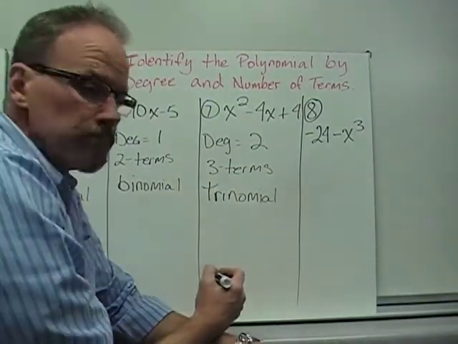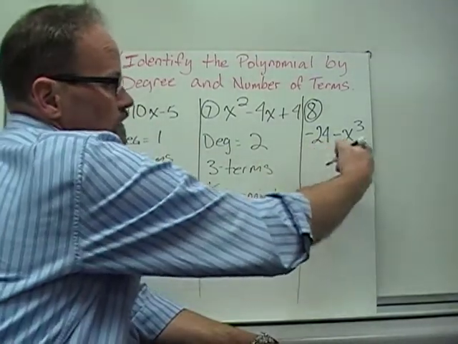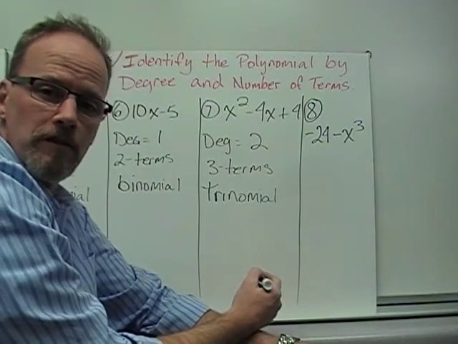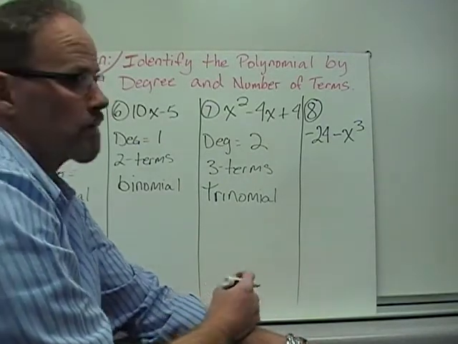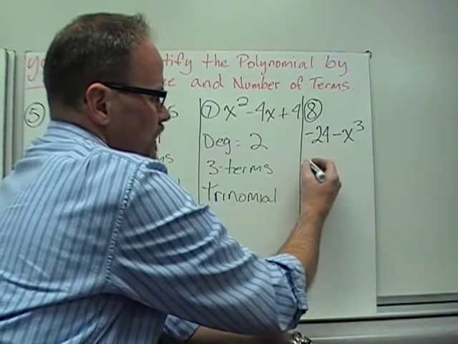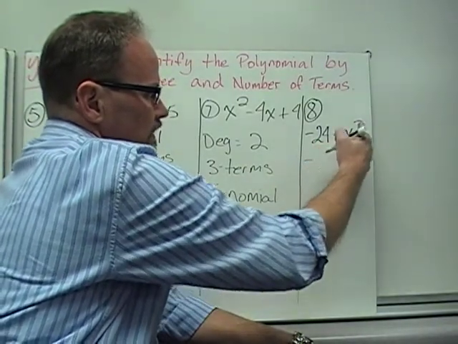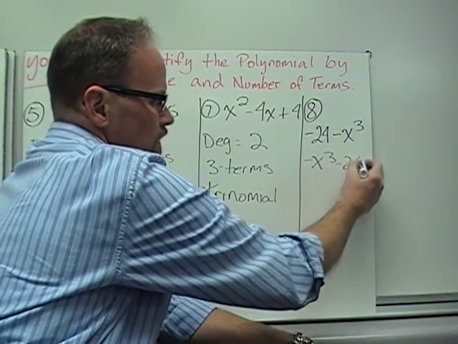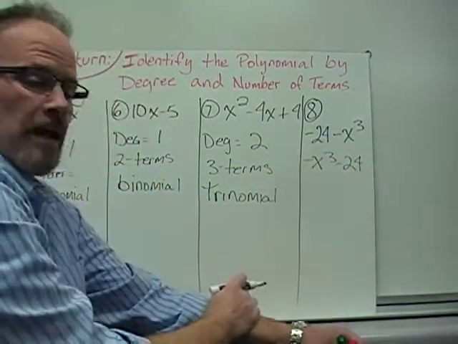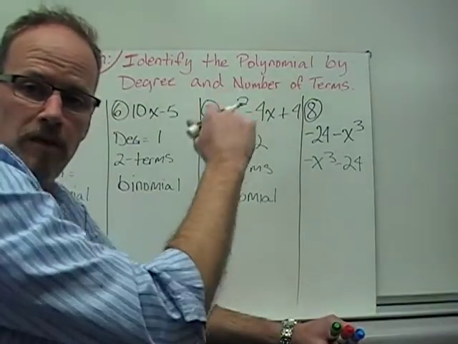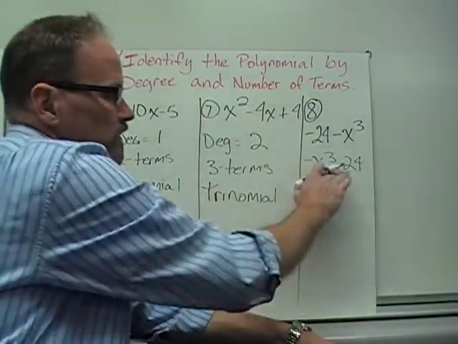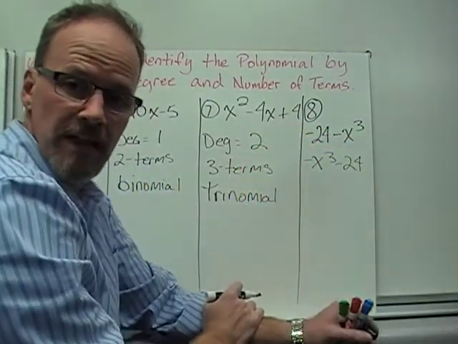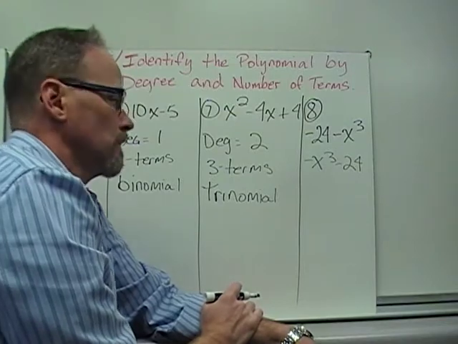And the last one, I've got 2 terms here. I went backwards on you on purpose because remember, you want to put this in standard form. So change it around so that it's in standard form. This is a negative x to the 3rd power minus 24. I put the highest exponent on top, so this is in standard form, highest exponent, and the constant, remember the constants are always the last thing that we read.